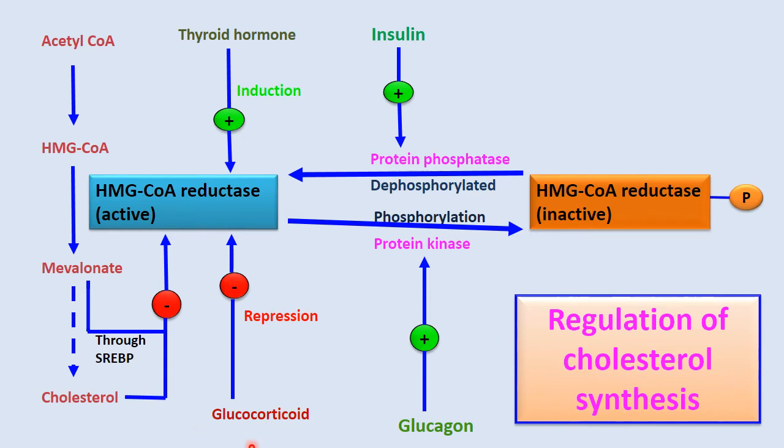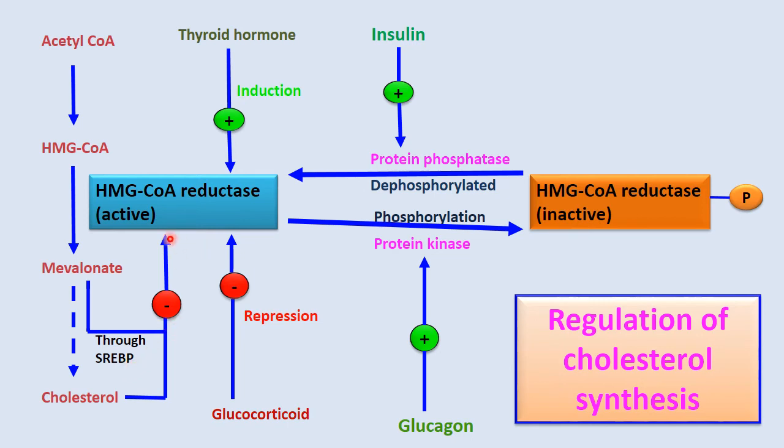Whereas glucocorticoid hormone reduces the activity of HMG coenzyme A reductase enzyme by repression, through SREBP, which reduces the active enzyme. SREBP stands for sterol regulatory element binding proteins.